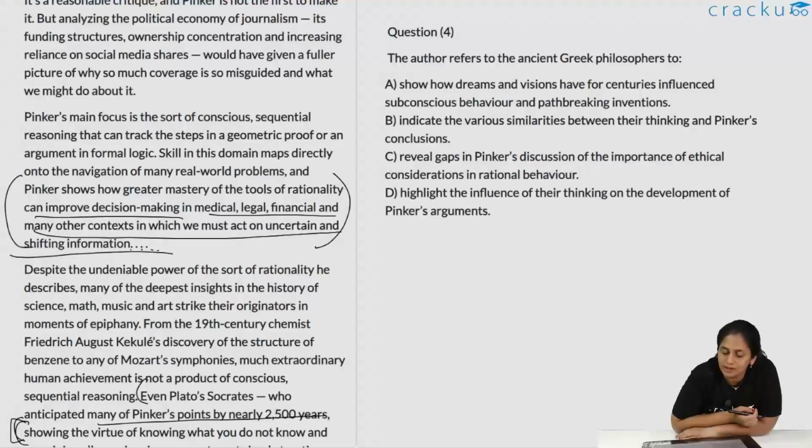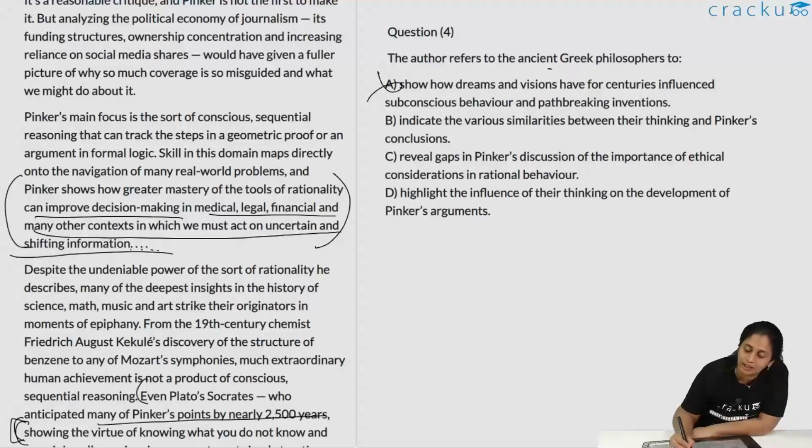Show how dreams and visions have for centuries influenced subconscious behavior and path-breaking inventions. So it's not dreams and visions, and the author is not showing this with this particular example. The author gave the example of the benzene discovery and other things. So this example of philosophers is not another example to show across the centuries how human progress has been made through dreams and visions. That is not the point.